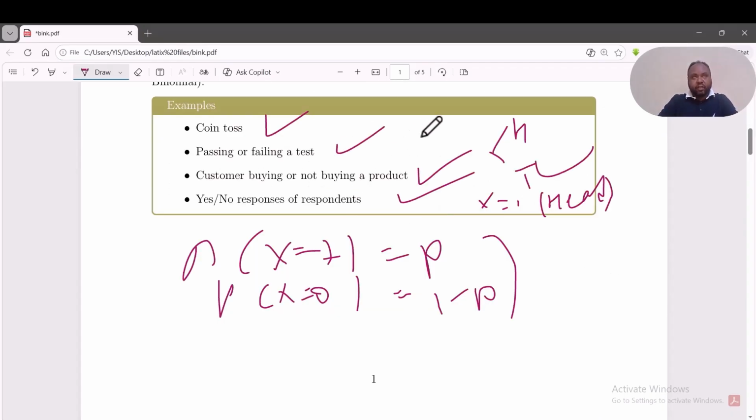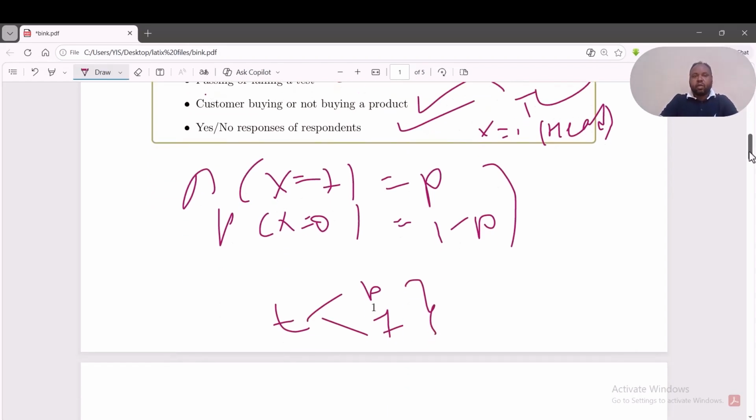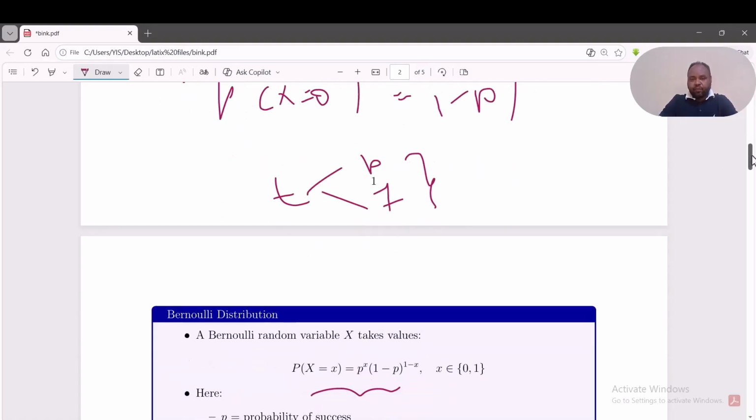Passing or failing a test can be considered a Bernoulli trial. The customer buying or not buying a product can be considered a Bernoulli trial. Yes or no responses of respondents to a specific question can be considered a Bernoulli trial.